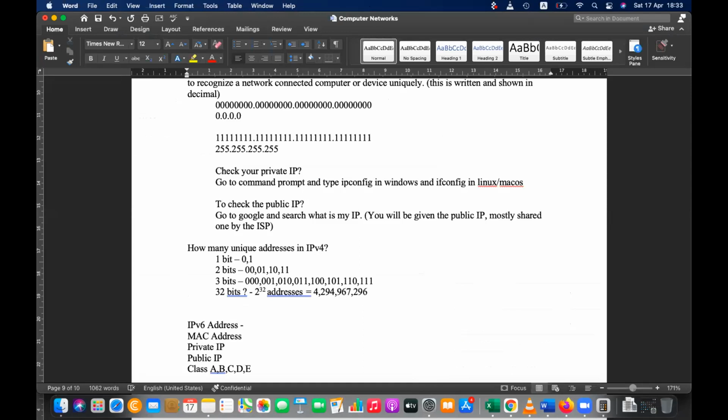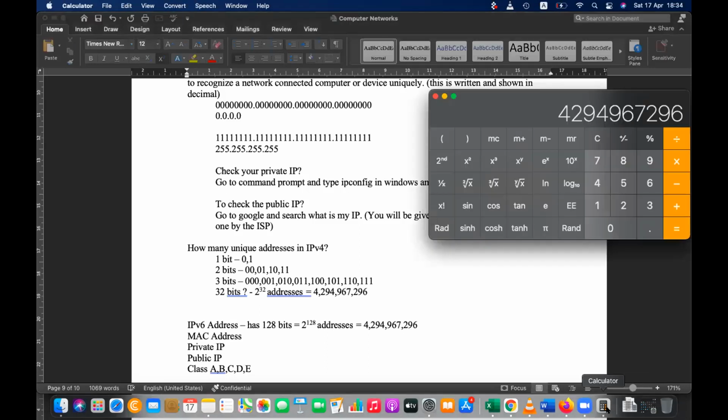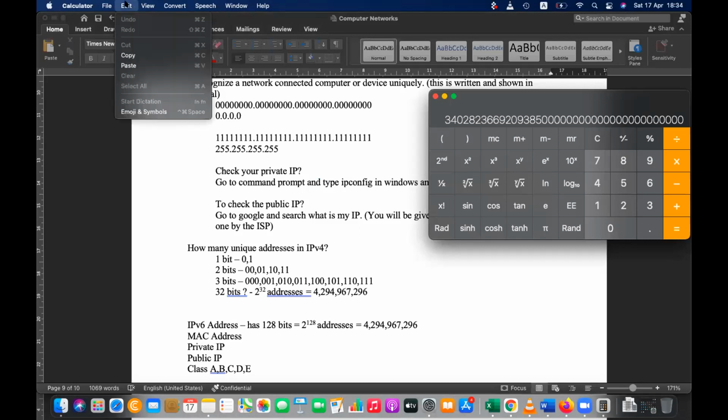It has 128 bits. So it can provide 2 to the power 128 addresses. That's a very big value. 2 to the power 128 is, okay, this is the value. I think it's very difficult to read the value.